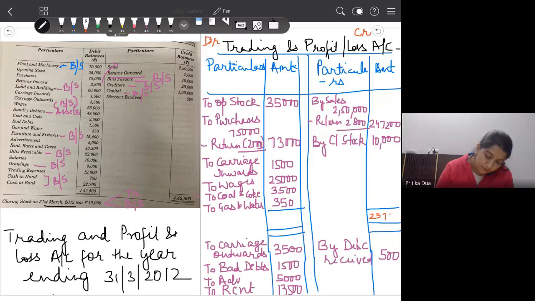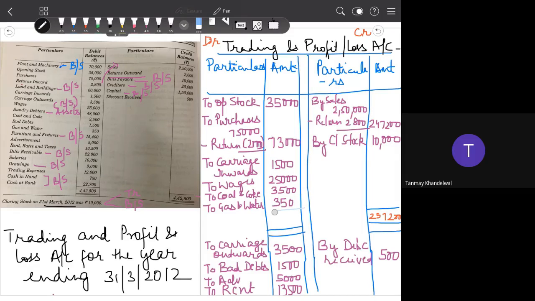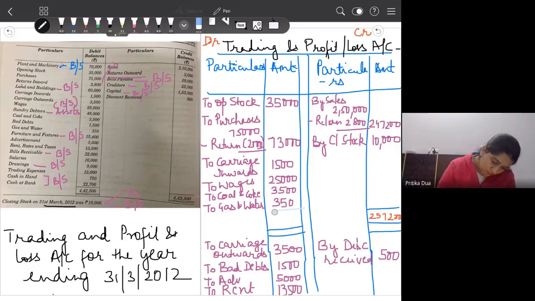So Tanmay, you're giving me the total of the debit side or the balancing figure? Ma'am, I have given the total of the debit and credit side, so you tell me the difference, that will be our gross profit. 1,11,850. Yes.